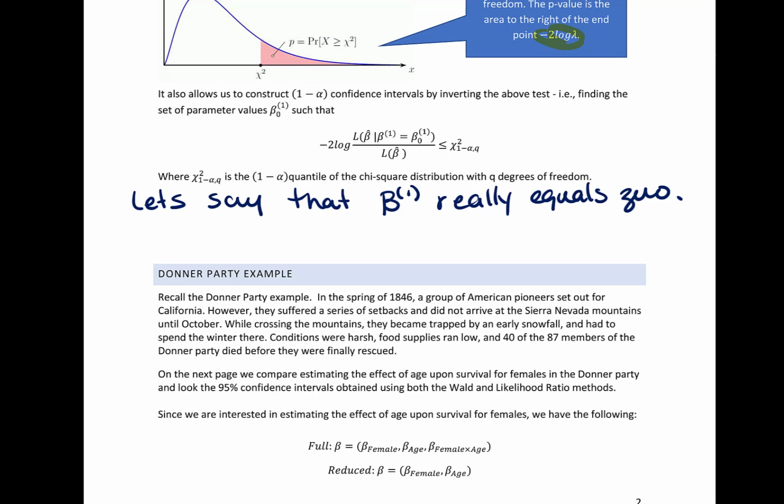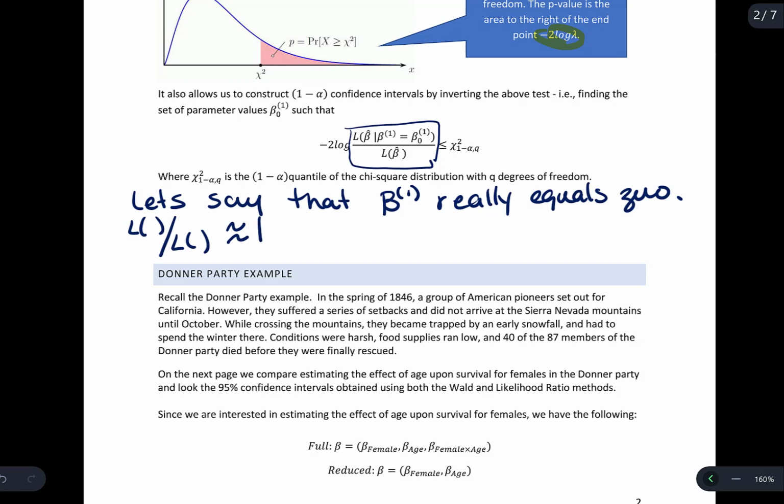If that is the case, if we look at this likelihood piece right here, and I'm just going to shorthand write it this way, but we're talking about that likelihood ratio, notice that this is really going to be approximately 1, because if that reduced piece truly is 0, you're pretty much going to have the same likelihood in the top and the bottom.